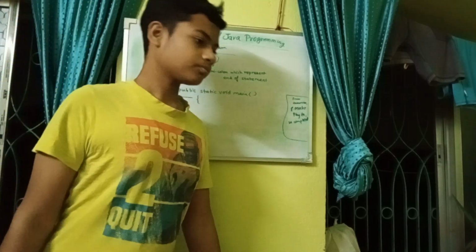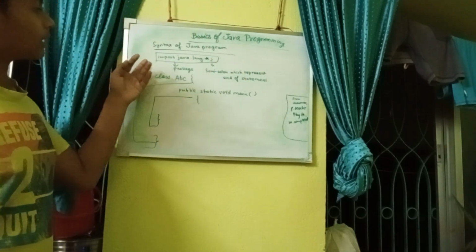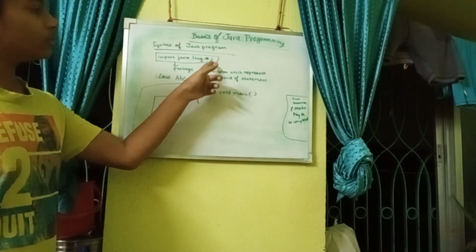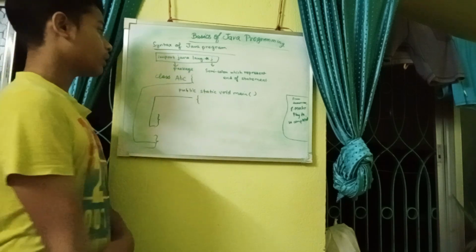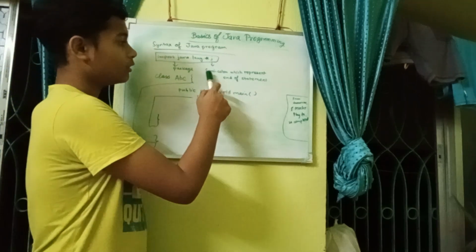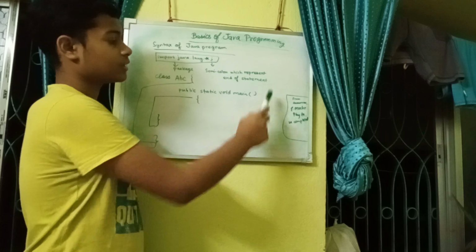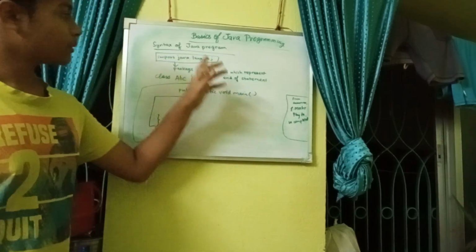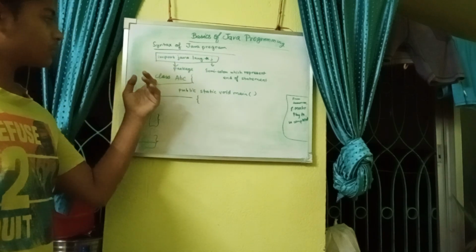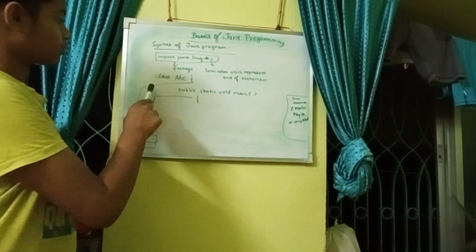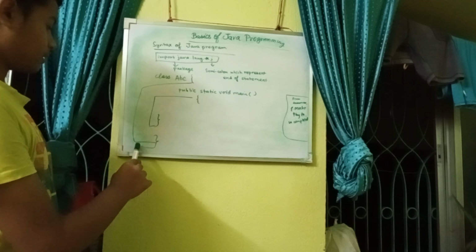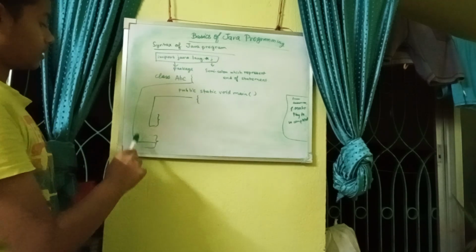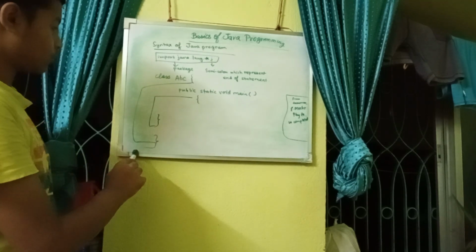Understood? So this is the package, and this is a semicolon. In Java, a semicolon represents the end of a statement. This semicolon represents the end of a statement, but this one does not, because there is a scope; it is encapsulated.